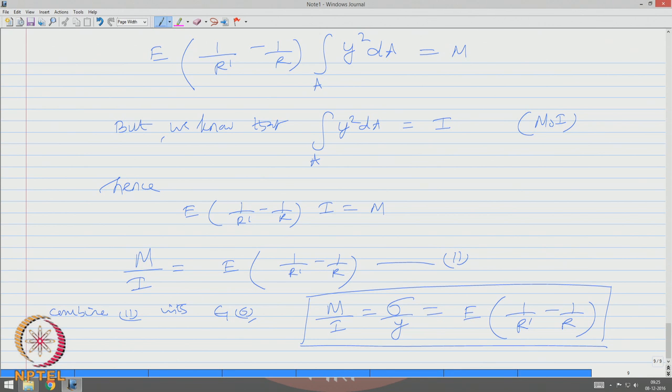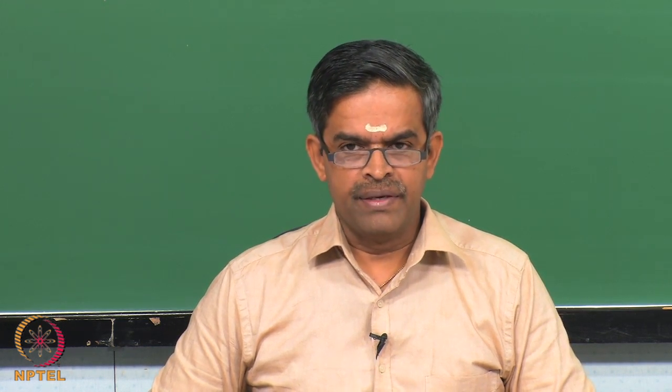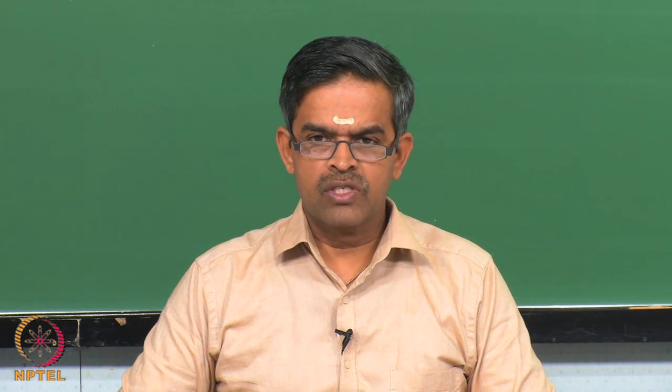So, friends, interestingly, based upon the assumption that the geometric axis of a curved beam will align with the neutral axis of the curved beam, while the moment applied decreases the radius of curvature, one can easily say that this equation is valid for curved beams with small initial curvature.